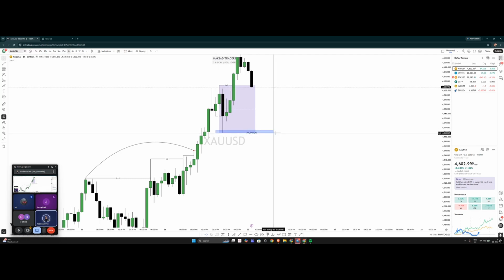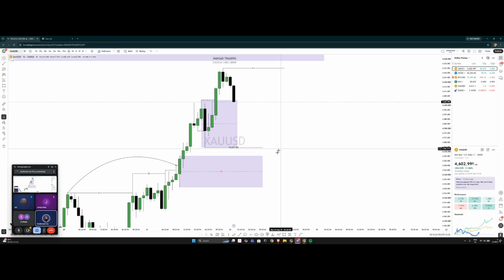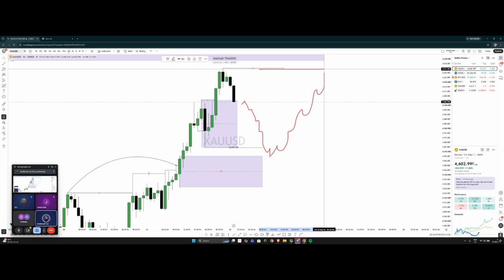And if this major inducement is taken out, then we have a single candle order block at this point that will act as a support. Because with this candle you have a fair value gap as well, so it might be possible that we see a move down like this, and then with this order block we may go bullish again to the break of structure. Okay, so this is the probability that can happen.